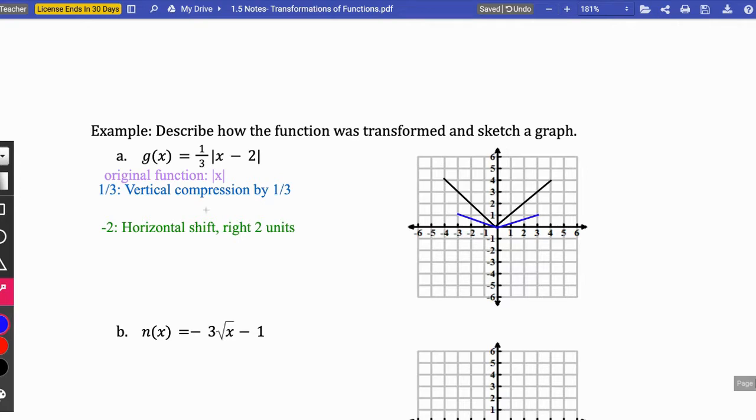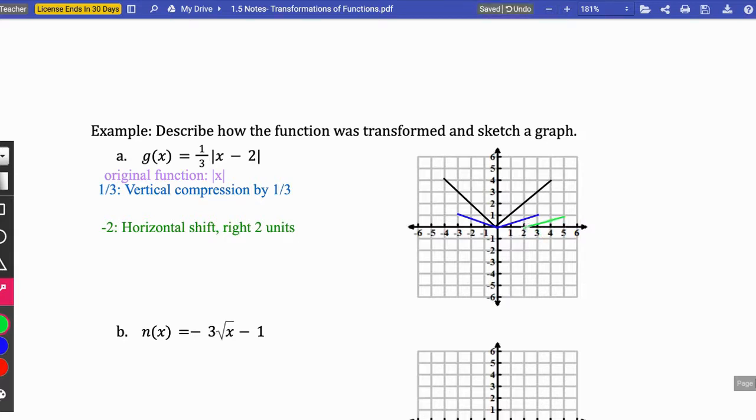All right, so that takes care of the vertical compression. And now we've got the horizontal shift to the right 2 units. So I'm going to do that in green. My final figure is taking the one that I just shrunk and moving it to the right 2 units. So there, and then 1, 2, 3.